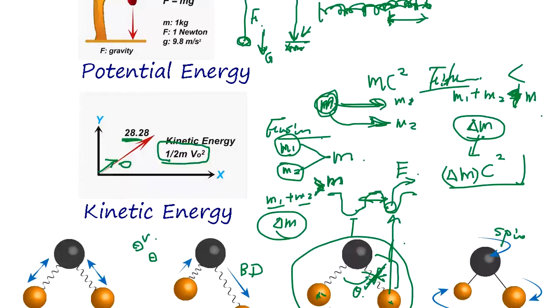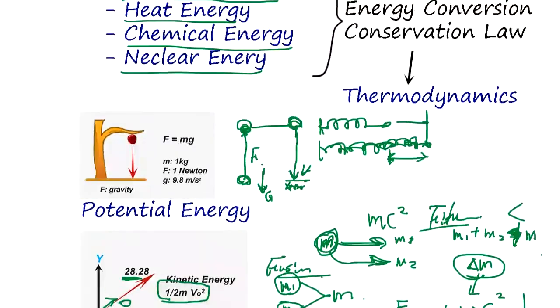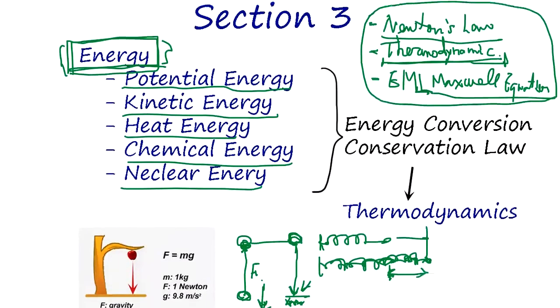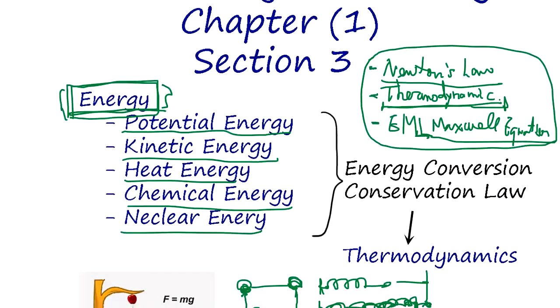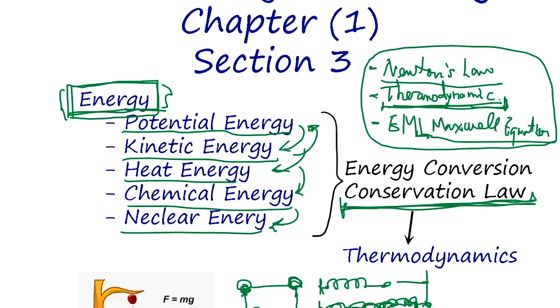Okay, so there are many different energies, and an important thermodynamics law is that energy is conserved. That means when energy changes from potential energy to kinetic energy, or the other way around, or heat energy, after conversion, energy is always conserved. Total energy is the same.